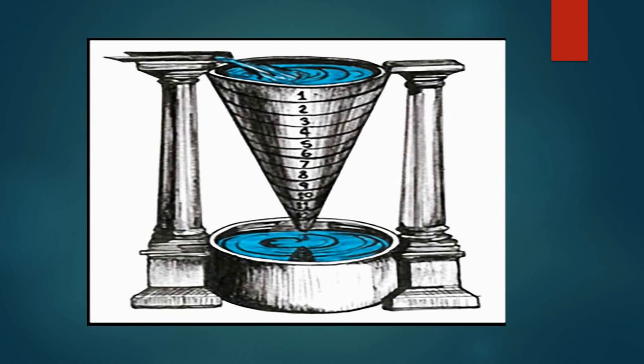An inflow water clock works in basically the same way, except instead of flowing out of the container, the water is filling up the marked container. As the container fills, the observer can see where the water meets the lines and tell how much time has passed. In this way, a water clock works.